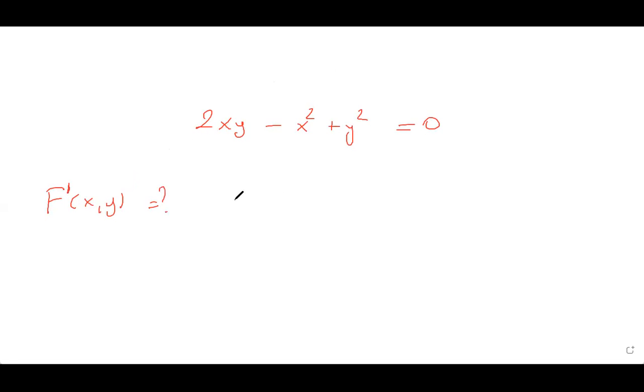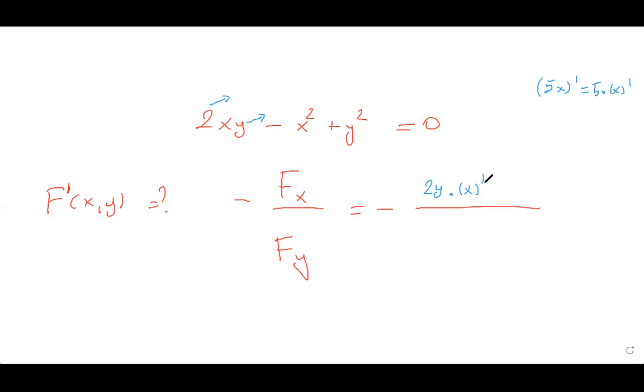The answer is negative the derivative with respect to x divided by the derivative with respect to y. Right now, when I look here, 2 is a real number. Since I am taking the derivative with respect to x, y is also a real number. If I have, for example, the derivative of 5x, what do I do? 5 times the derivative of x. Same thing, I will do 2y times the derivative of x.